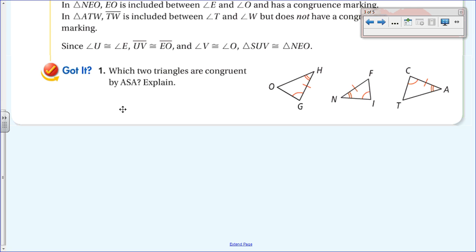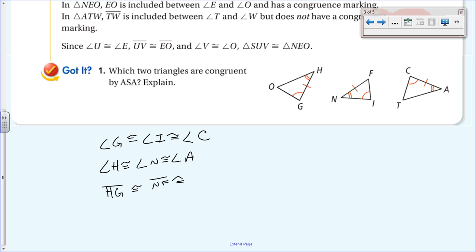All right, for angle, side, angle, we know we need two congruent angles. So here we have angle G is congruent to angle I, which is congruent to angle C. We have angle H congruent to angle N, which is congruent to angle A. And then we have side HG, which is congruent to NF, which is congruent to AC.